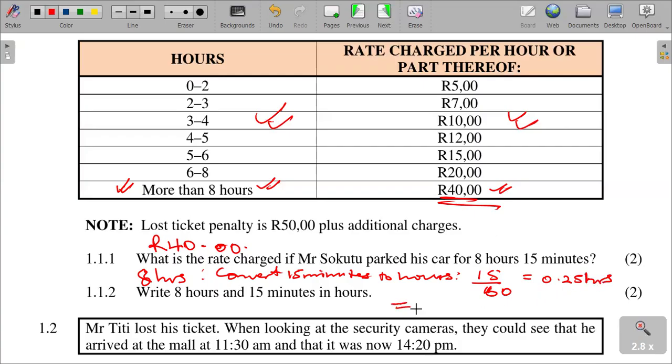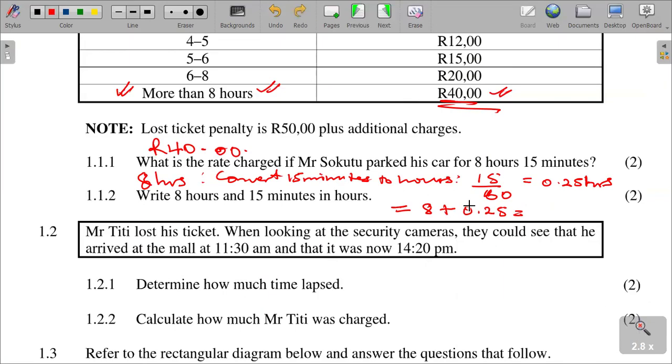So we can just say 8 hours plus 0.25, which is going to give us 8.25 hours.